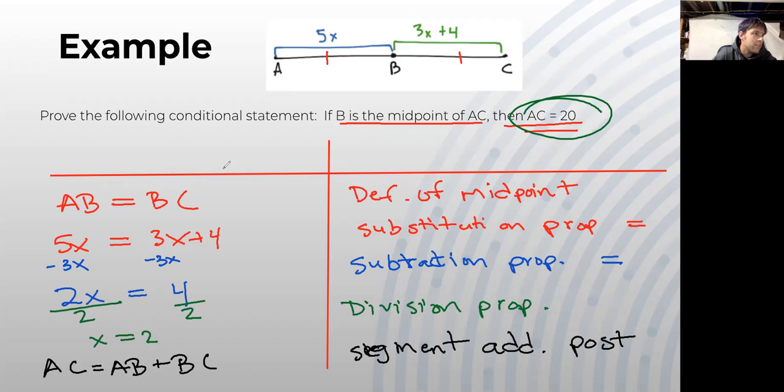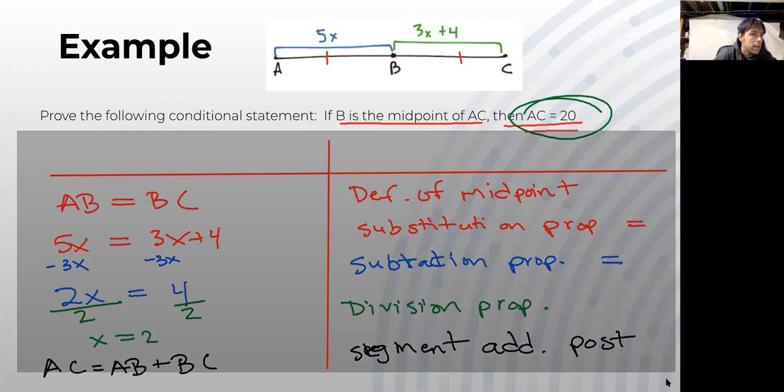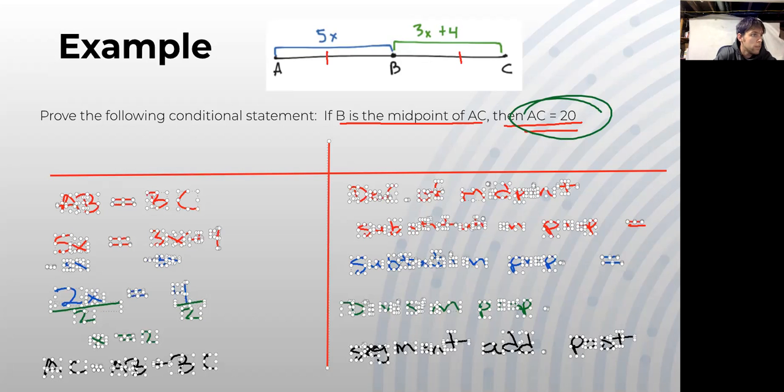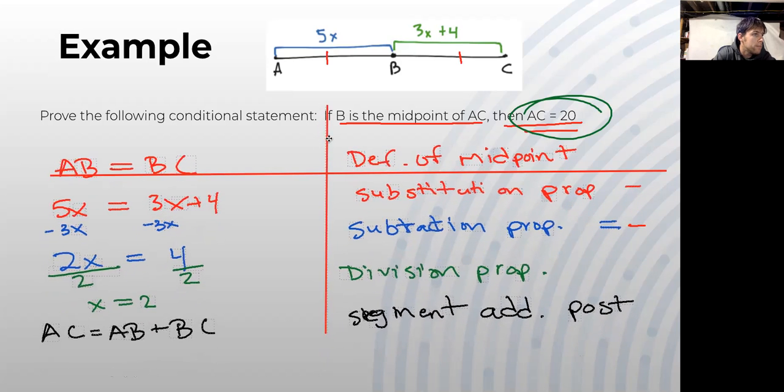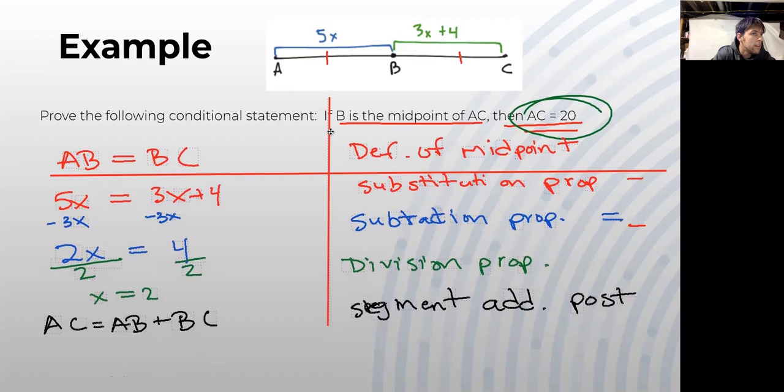And I can now plug in these numbers here. I can actually evaluate what AC is going to be equal to. This is totally running out of space, so I think I can lift it up. Okay.